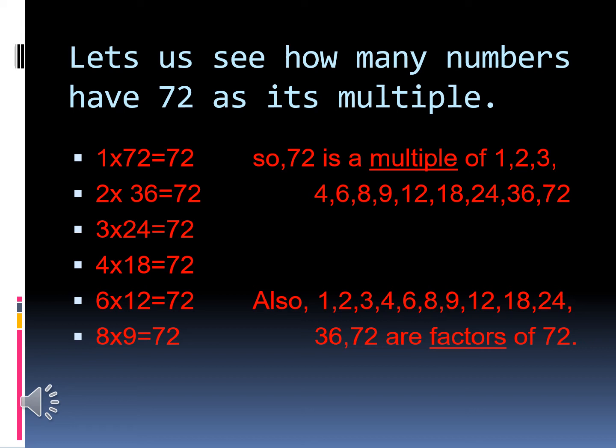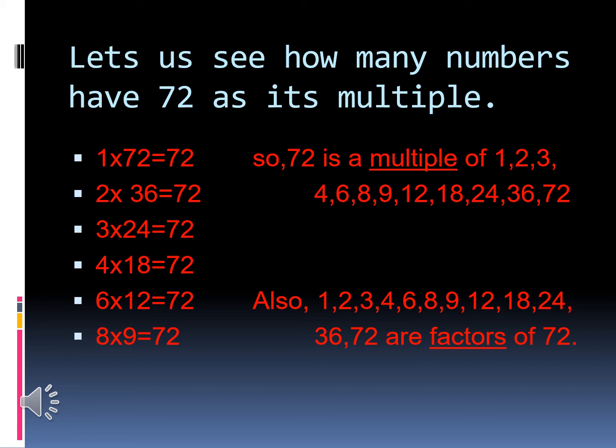That is very easy. So 8 9s are 72. You got multiplier as 8 and multiplicand as 9. So there comes no number between 8 and 9. So when you reach such a stage, when you get two consecutive numbers, it gives an end to the factors.